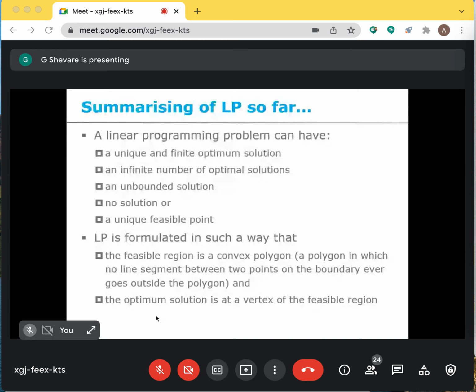The way we have tried to attempt this problem can be said in the following 2 bullets. The standard linear programming problem is formulated in such a way that the feasible region is a convex polygon, a polygon in which no line segment between 2 points comes out of the boundary.